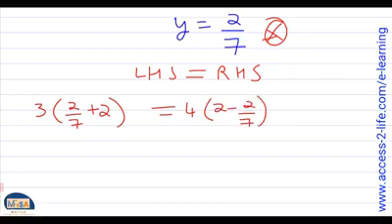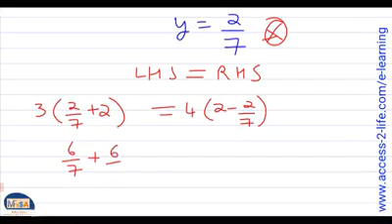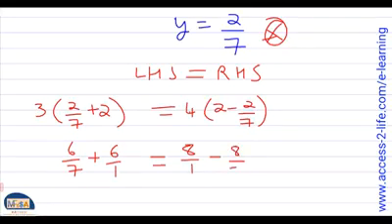So we multiply through: 3 times 2 is 6, so it's 6 over 7, plus 3 times 2 is 6, so it's 6 over 1, equals 4 times 2 gives us 8 over 1, minus 4 times 2 over 7 gives us minus 8 over 7.